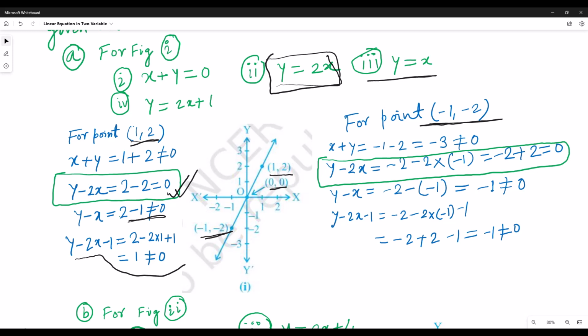So this is true. So this is true for 2 of the points. If it is true for 2 of the points, then it has to be this equation that is true for this graph. I can just put 0, 0, and you will find that this is also true. But 2 is enough. If 2 points are lying on the graph, that will be the graph.